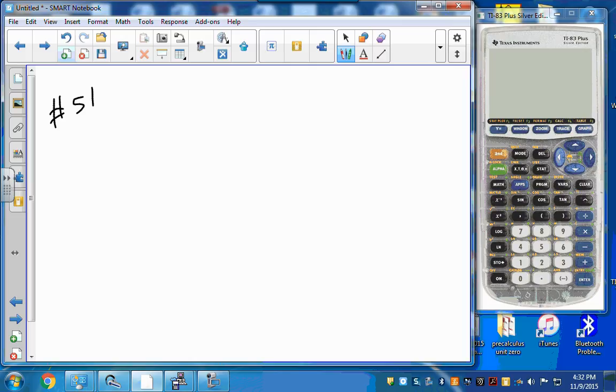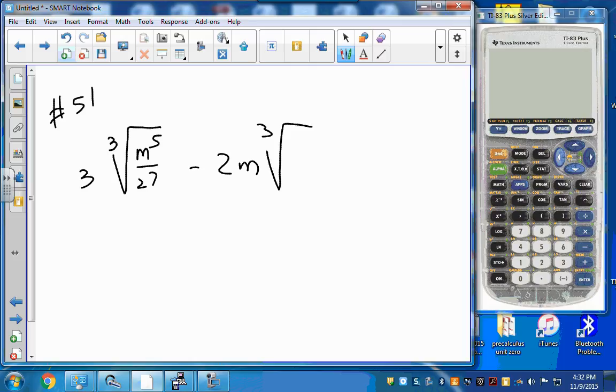51, we have 3 times the cube root of m to the 5th over 27, and then minus 2m, the cube root of m squared over 64.